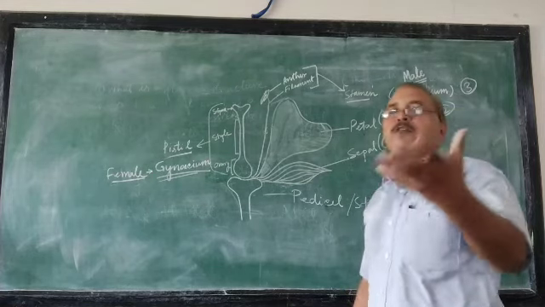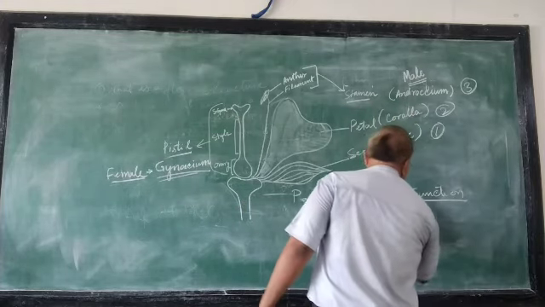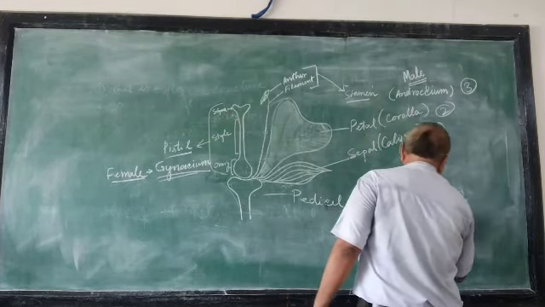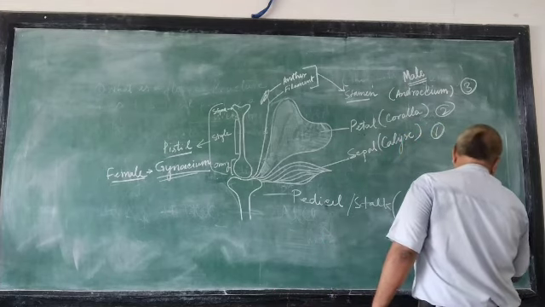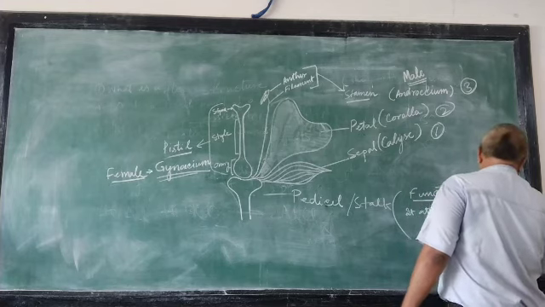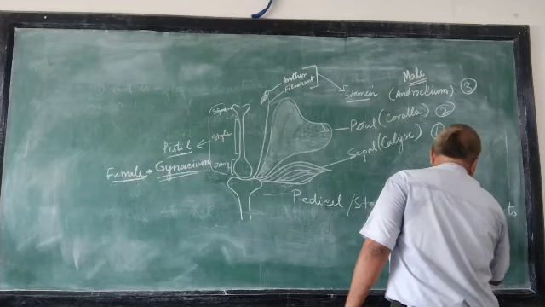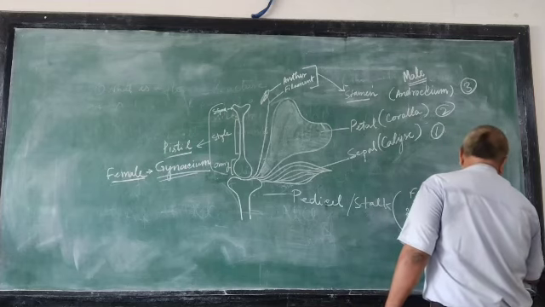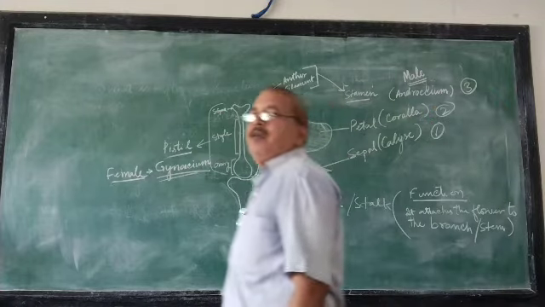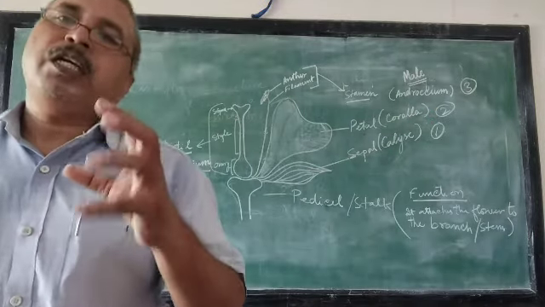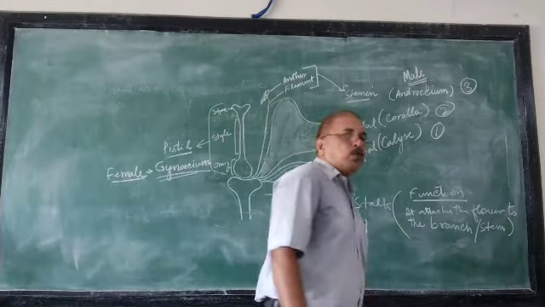If you are asked what is the utility of this pedicel, so it attaches the flower to the branch or stem, right? This is the first function. It attaches the flower to the branch or stem.